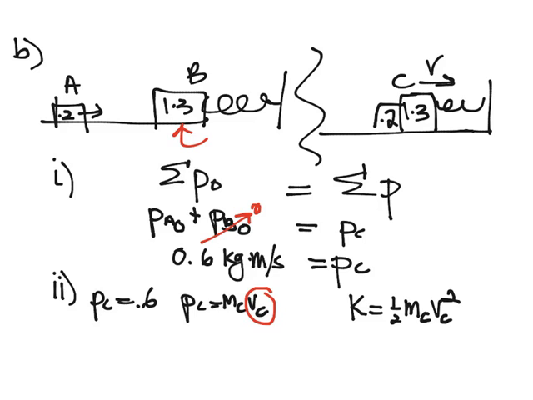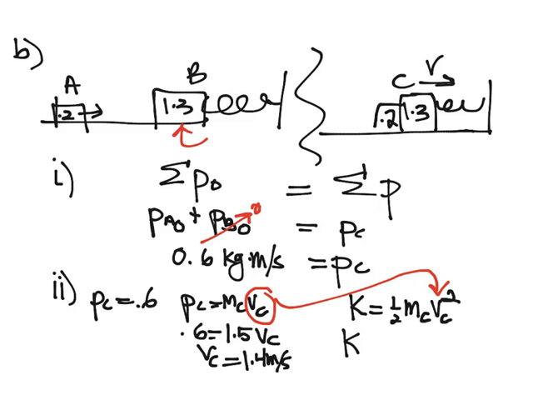So I'm going to go ahead once I find VC and put it in there. Okay, so I have 0.6. I know my mass is 0.2, or sorry, it's not 0.2. The combined mass is 0.2 plus 1.3, so that's 1.5 VC. And I find that VC is equal to 0.4 meters per second.